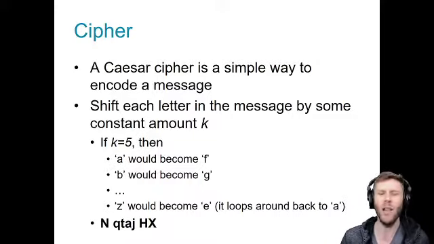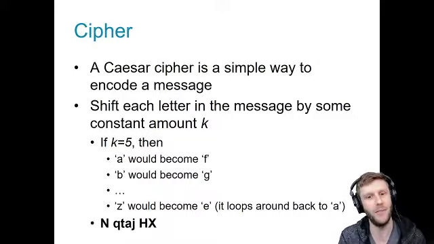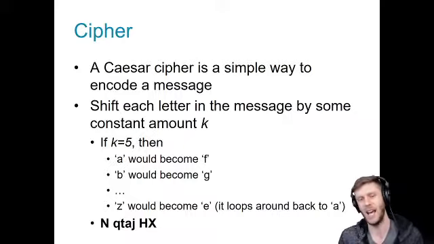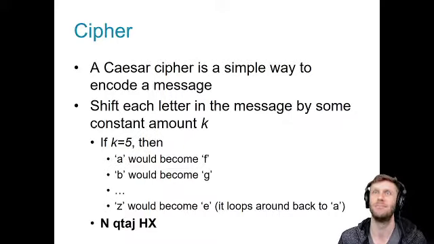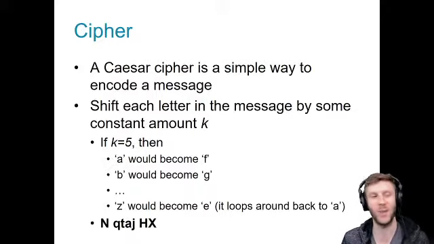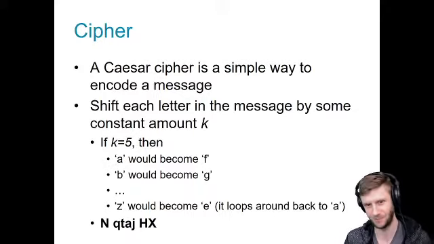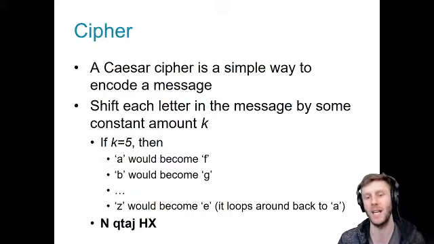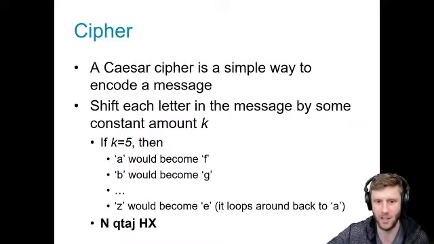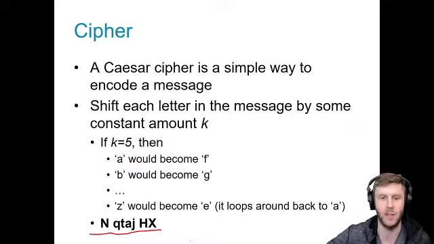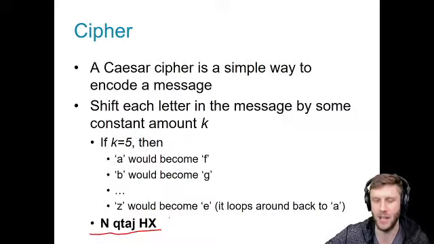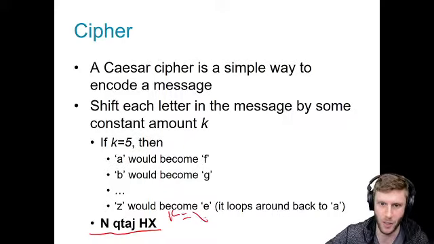In fact, how long would it take you? In fact, let's have some fun here. Okay, I'm gonna make this a complicated question with a very simple answer. What is the computational complexity? You see a message like this, and you know it's a Caesar cipher with k equal to X, but we don't know what X is.